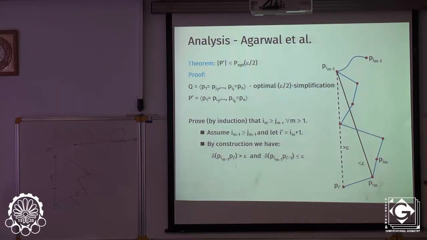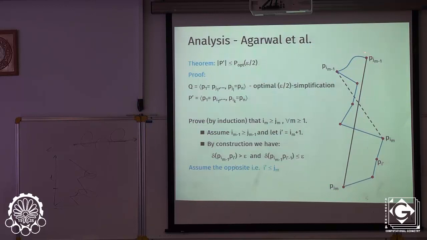What I then get is that the segment from here to the next vertex on the optimal one for epsilon half nests the segment from where the greedy strategy was to not only the next vertex, but also the vertex for which we had a distance larger than epsilon.